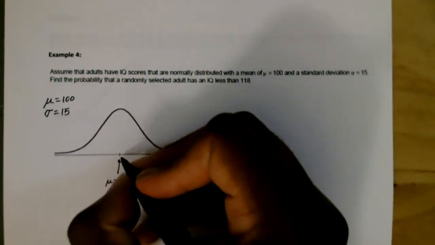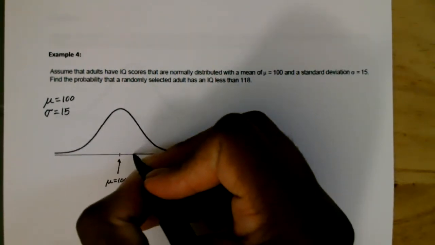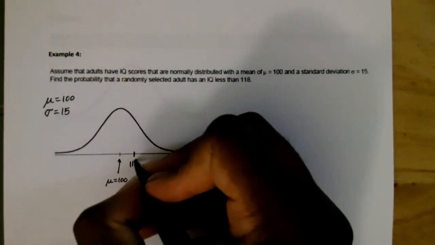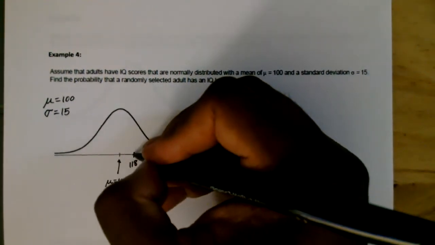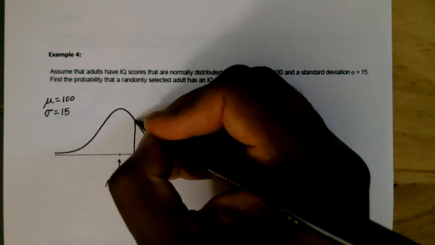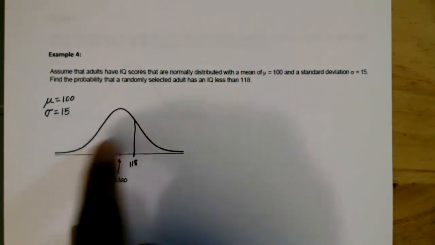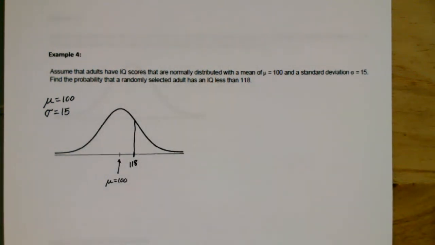And I'm going to say 118 is somewhere to the right of that, say about right here. And it says less than 118, so that means we need to shade to the left of 118.